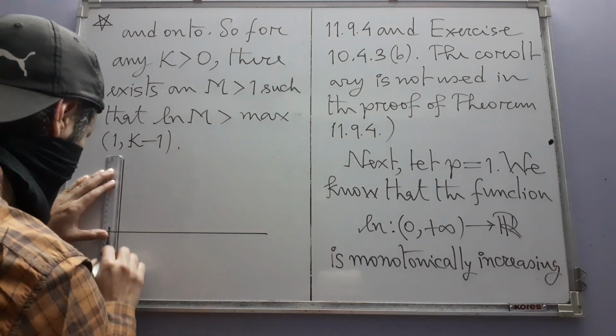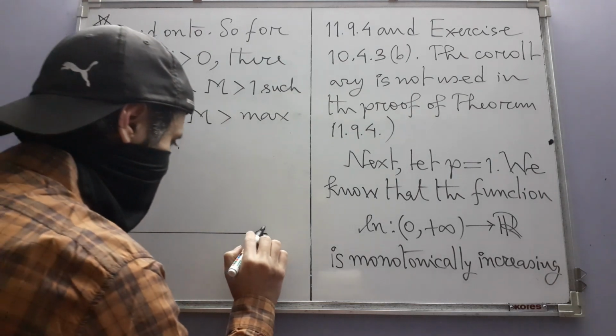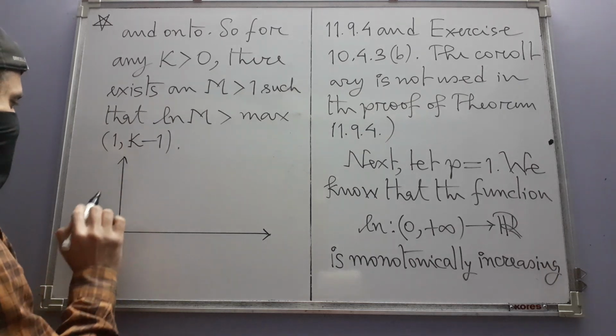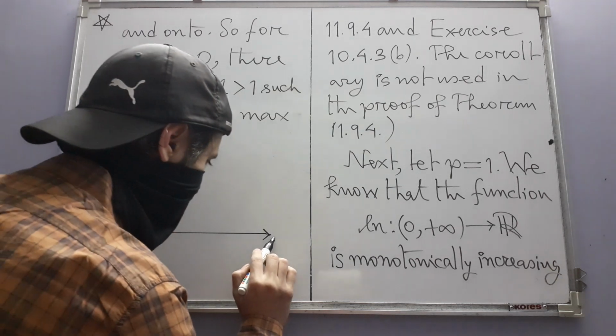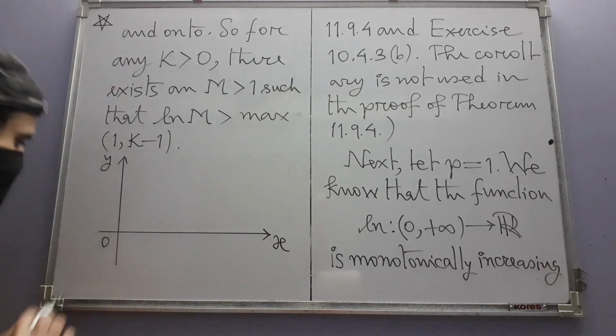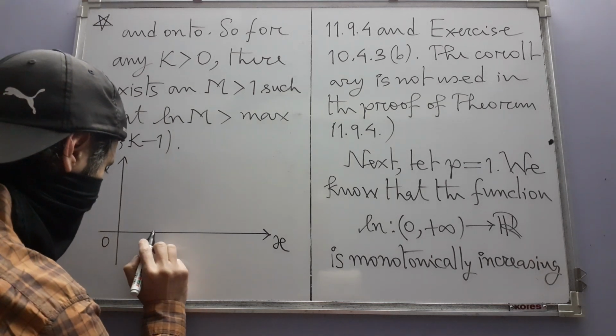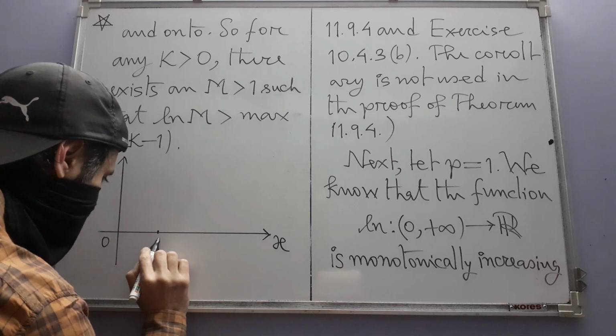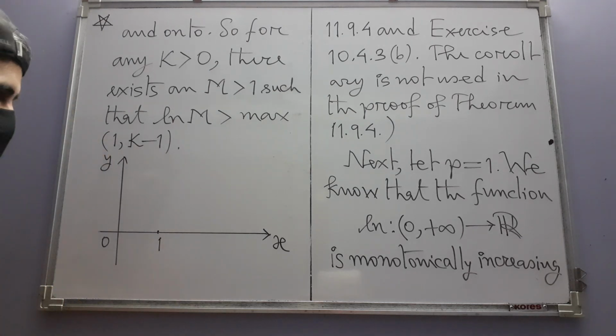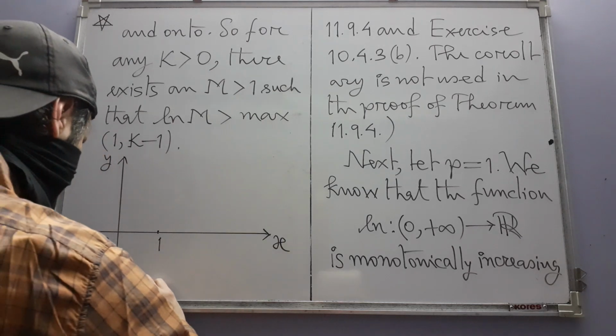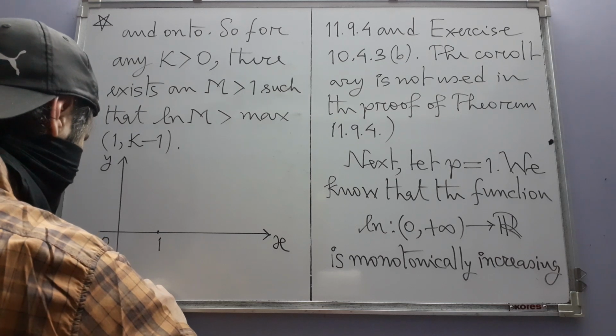That makes everything so clear. Unlike exponential function, the logarithmic function does take negative values. Say this is 1. The graph of the logarithmic function is roughly like this.